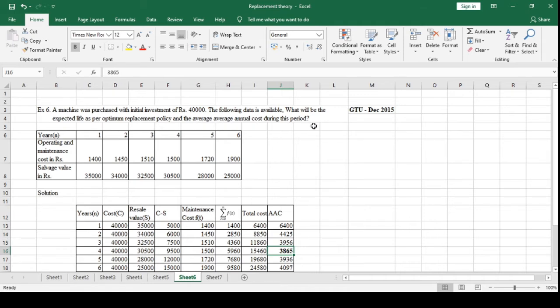In the previous example we wrote just one line, that the machine should be replaced after the fourth year, but in this example at the end we also have to write down that the average annual cost during this period is 3865.